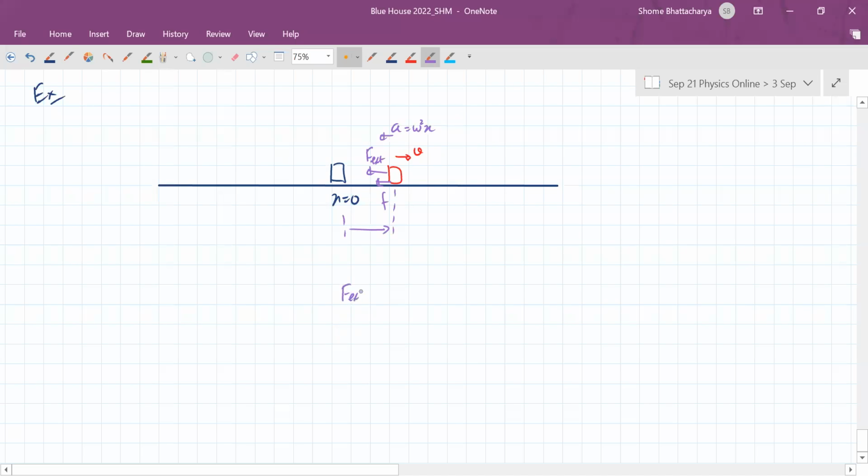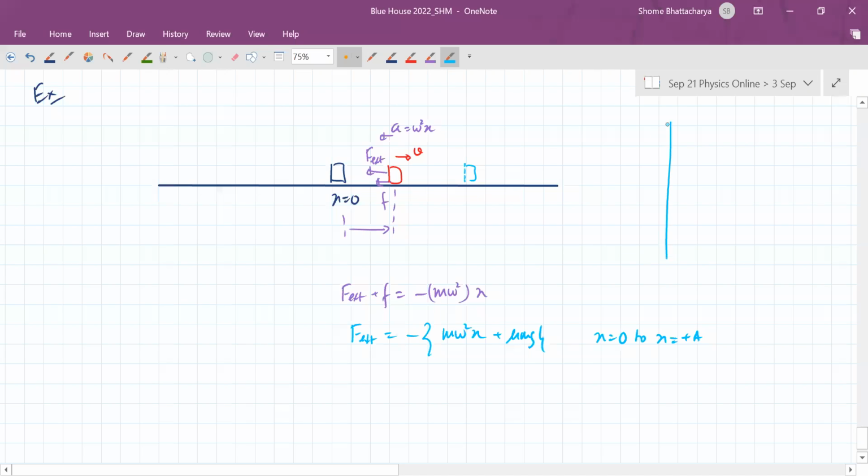So F external plus F, with proper sign convention, has to be equal to minus m omega square x. As x is going from 0 to a, F external has to be equal to minus of m omega square x plus mu mg. This is from x equal to 0 to x equal to plus a.